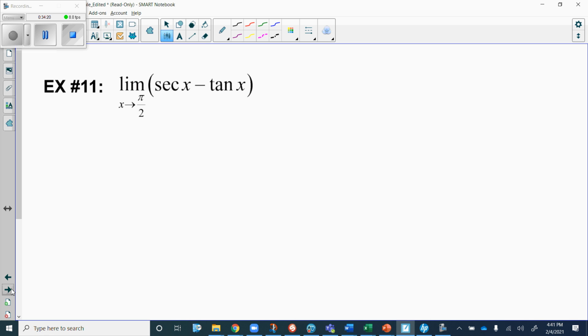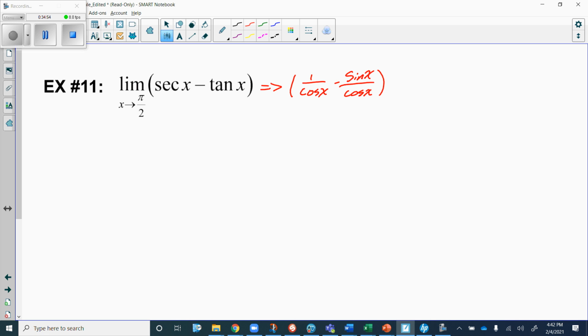So if I rewrite this in terms of sine and cosine, that's going to be the limit as x approaches pi over 2 of 1 over cosine of x minus tangent, which will give me minus sine of x over cosine of x.